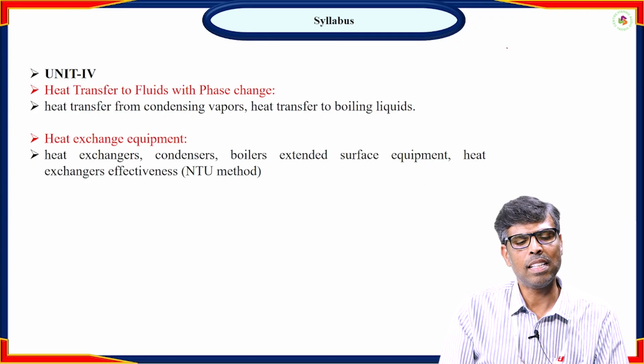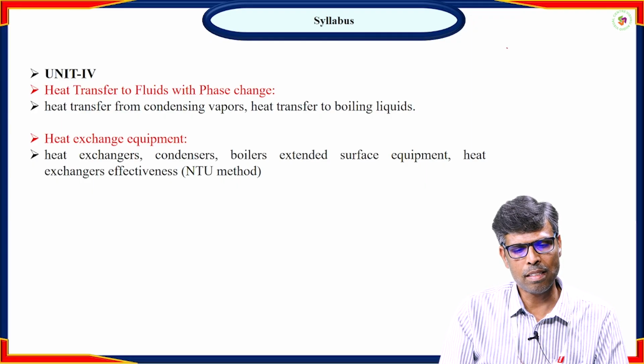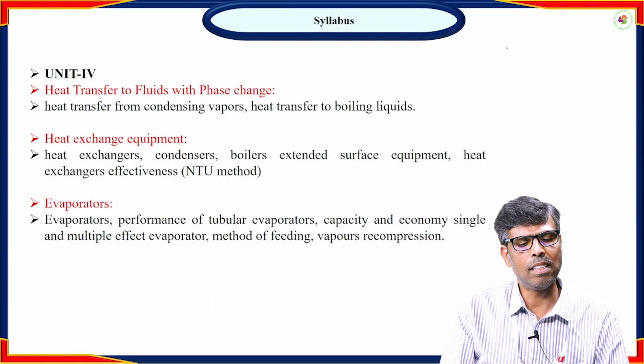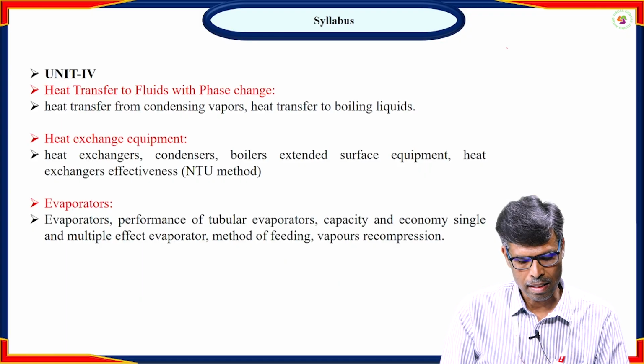In this, different heat exchanger equipments are discussed, and heat exchanger effectiveness is discussed. The third part of the fourth unit is evaporators. In this, single effect evaporators and multiple effect evaporators and their performance are discussed.